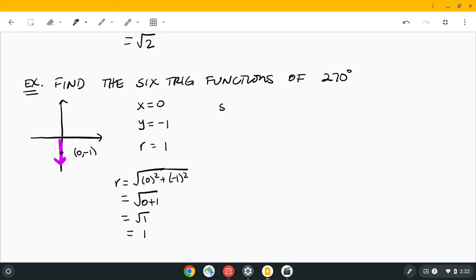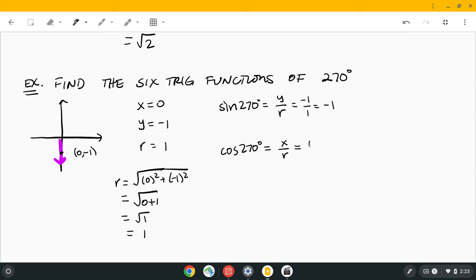So starting with sine of 270 degrees is going to be y over r. So that is going to be -1 over 1, which is -1. Cosine of 270 degrees is going to be x over r.